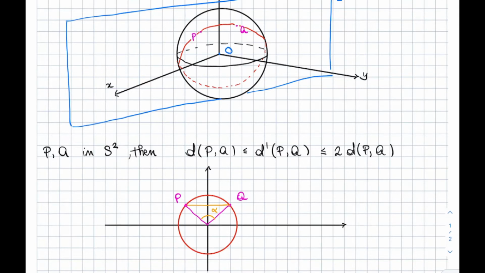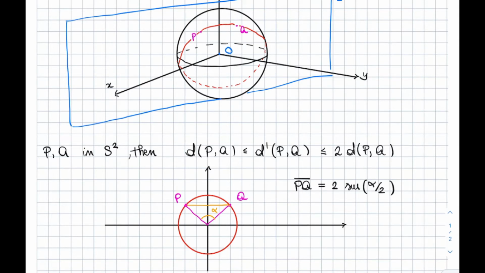To prove the other inequality, the one that says that the distance computed using arc length is smaller or equal than 2 times the distance computed using the metric inherited from R3, we have to work a little bit more. Recall that the length of the segment connecting P and Q in the picture we have here is given by 2 times the sine of alpha divided by 2.